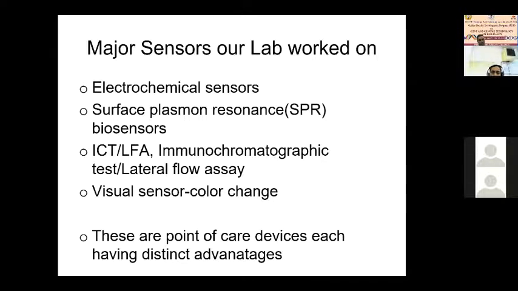Besides these two prominent ICTs, we have at least 2, 3 others for Babesia vogelii, Theileria annulata, and also Anaplasma, and others for Brucella, and Japanese encephalitis.